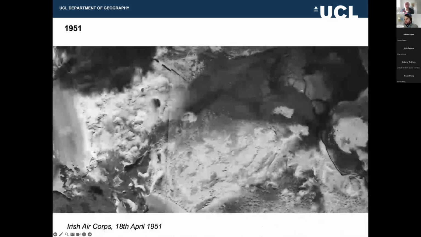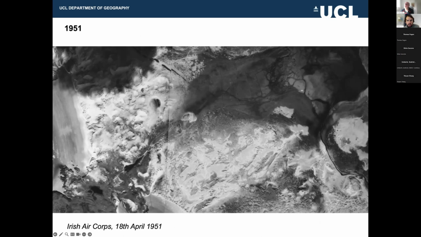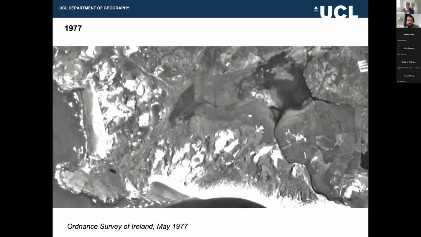Then, in 1951, we got the first clear aerial image from the Irish Air Corps, and erosional features can be clearly seen across the sand dunes. At that time the dune was not much vegetated and was mainly dominated by bare sand. Then we got the second map available from 1977.